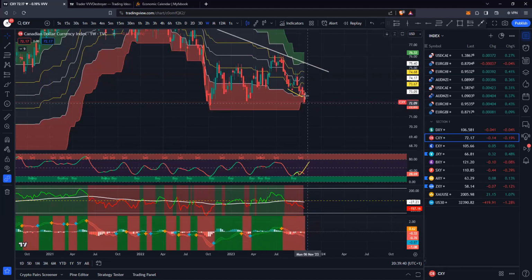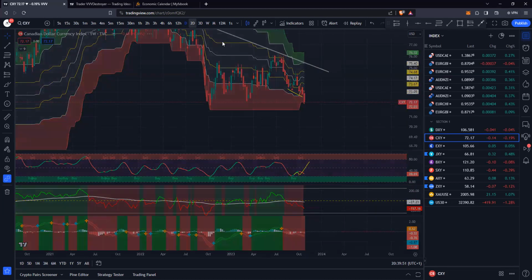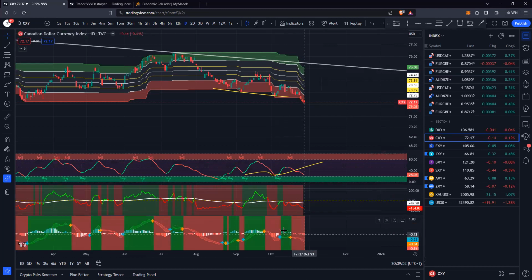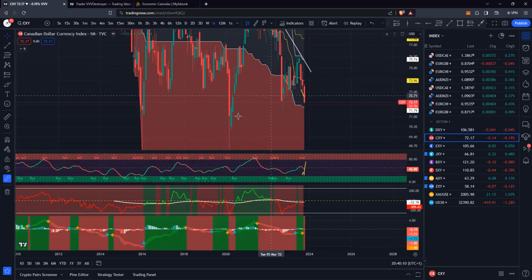Okay, so we need something like a bull candle for confirming that scenario. Right now, there is just not enough. Everything goes to the downside. Here, daily, everything goes to the downside. Okay, so this is not something very sexy. On daily, there is also a chance for a divergence, but let's just go to the downside. So we need that confirmation first before we make a conclusion.